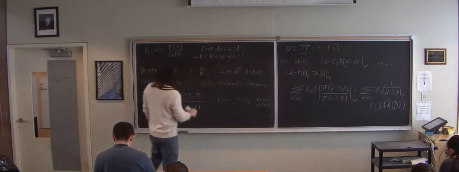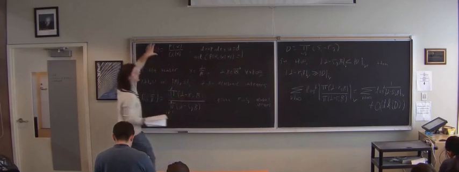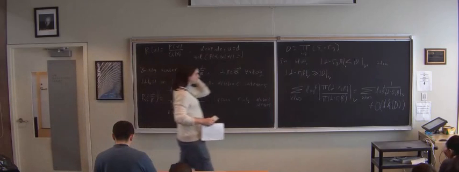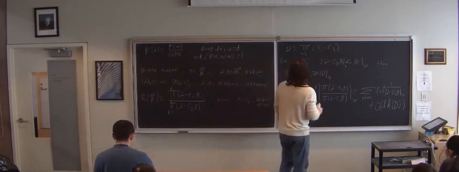Note that it's important that capital D depends only on the rational function. It doesn't depend at all on alpha and beta.